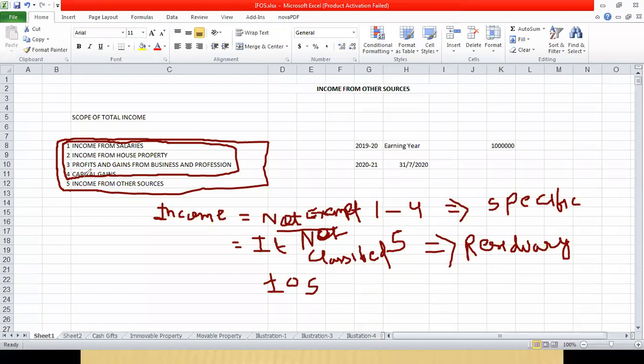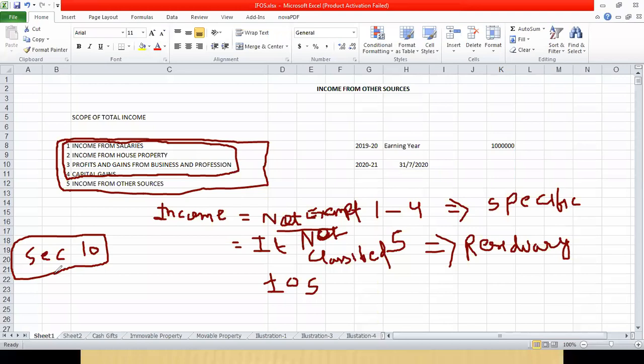There is a list of incomes which are exempt from income tax, and that list is given in section 10 of the Income Tax Act. Whenever you get time, you can refer to section 10 and you will get the list of exempt income. Exempt income means the government is saying that on these incomes you need not pay income tax.